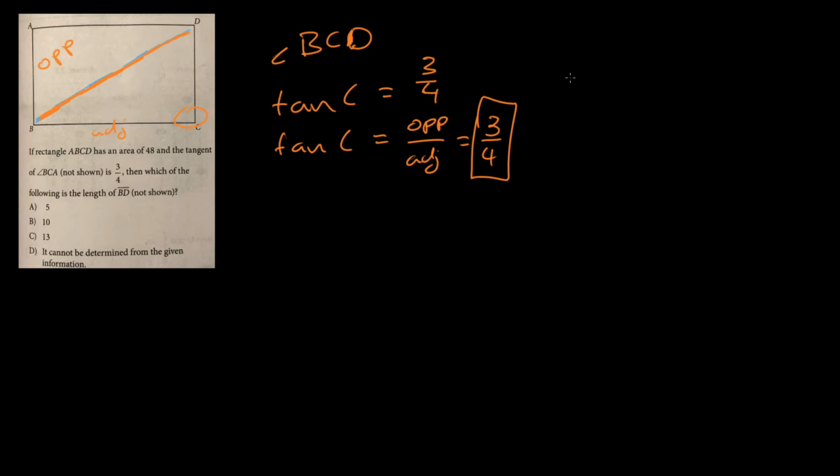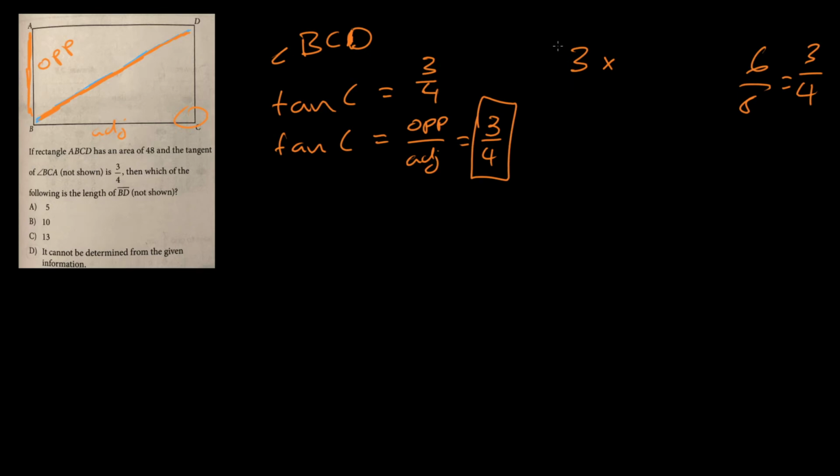So side AB, which is this one, is 3x because it's the opposite side, and it's simplified. It's basically 3 over 4, but simplified. For example, if you were to have 6 over 8, this simplifies into 3 over 4. And if the actual sides were 6 and we put 3, that would be wrong.